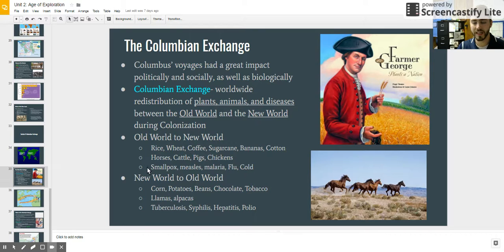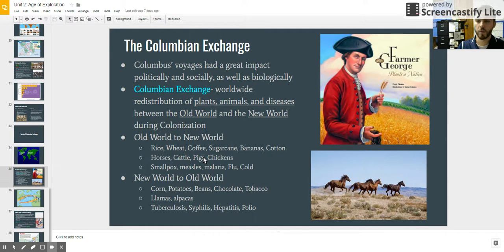And when you did catch it, they didn't have that natural immunity that Europeans did to the disease, and it was very deadly. Smallpox, along with measles, malaria, flu, cold, and other diseases, wiped out nearly 90 to 95% of all Native Americans in North and South America, compared to their previous totals before European contact.